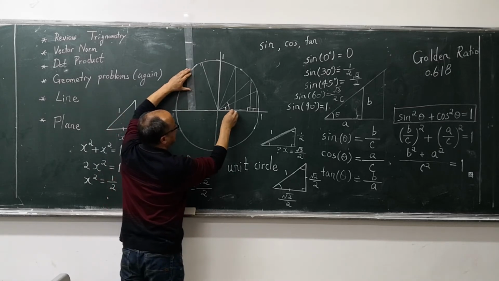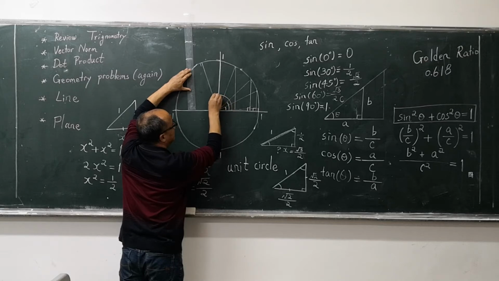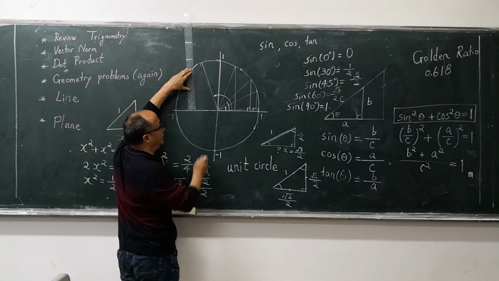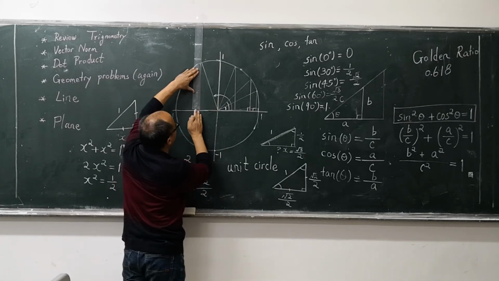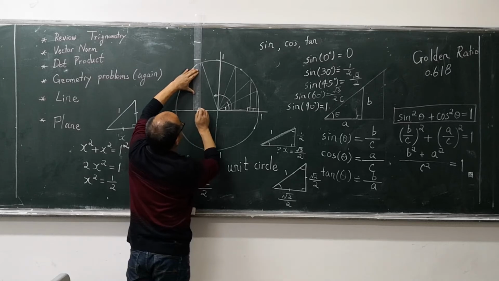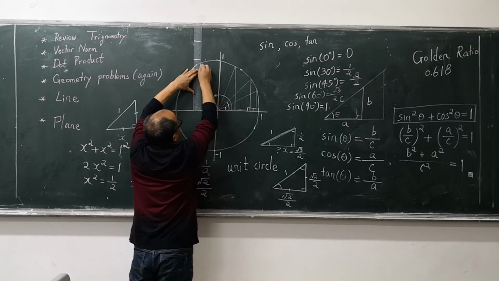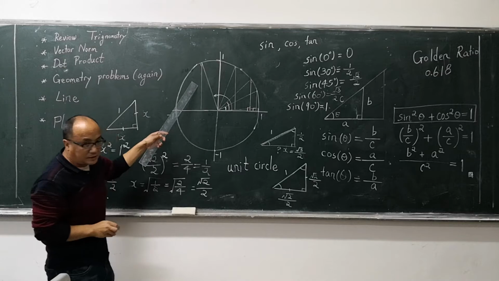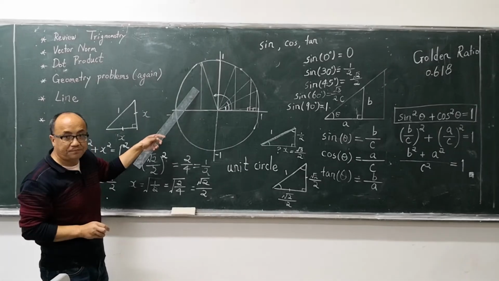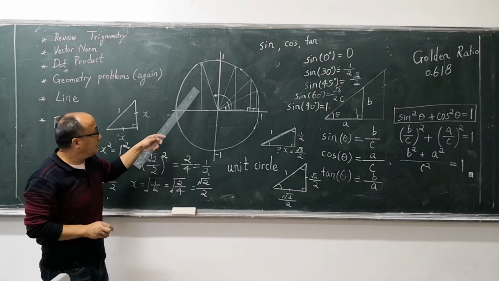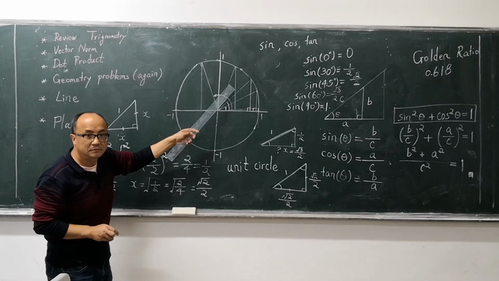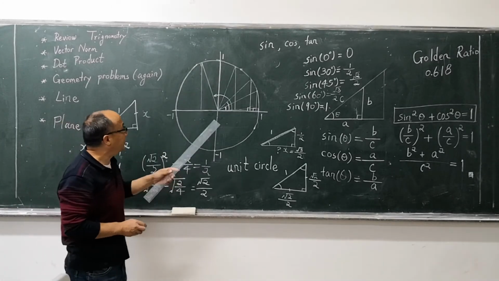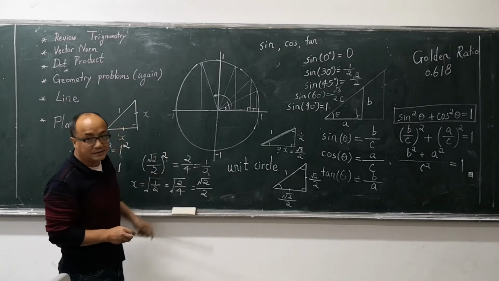So the total from here to here, how much is that? 120 degree, okay? 90 degree plus 30 degree. And here is a sine 120 degree. It is positive and is the same as here. So sine 120 degree is the same as the sine 60 degree.